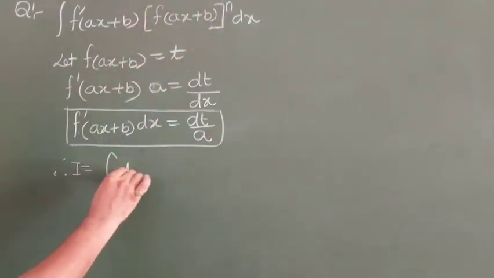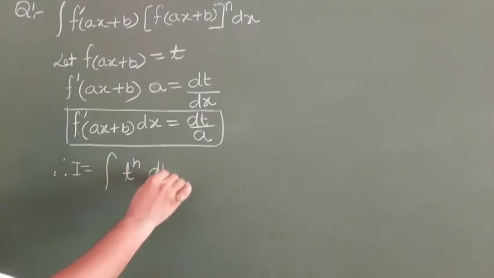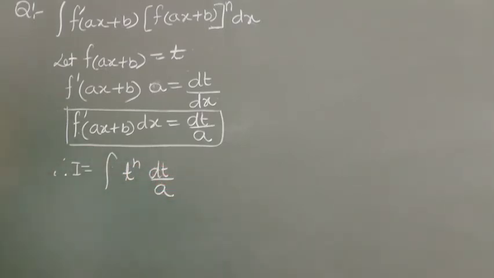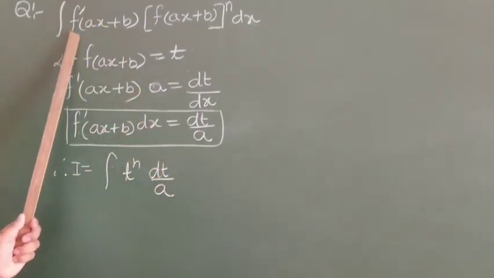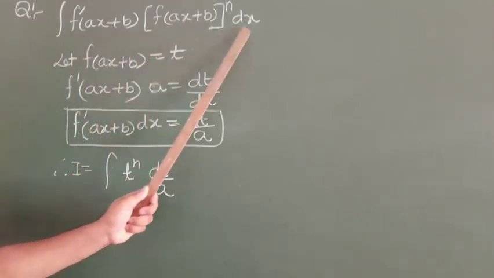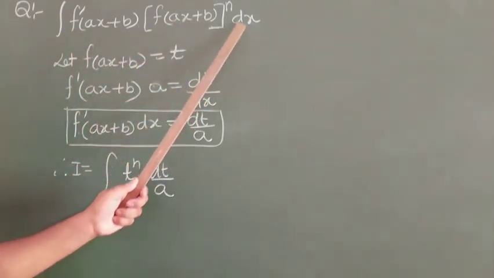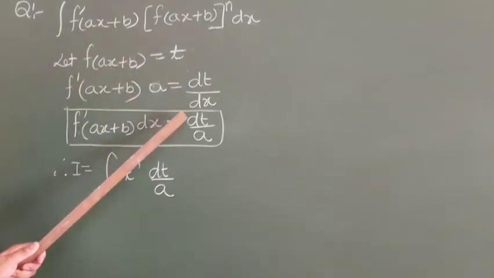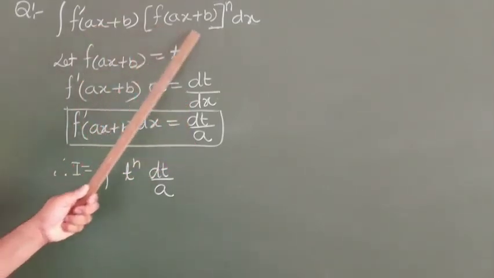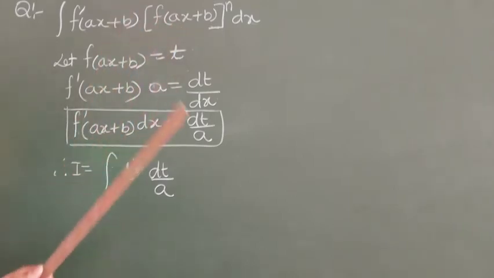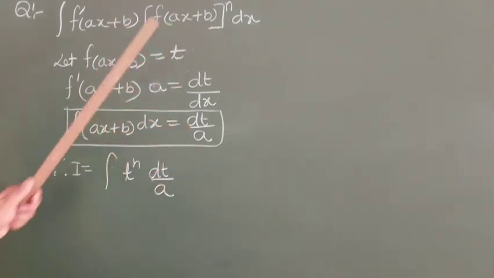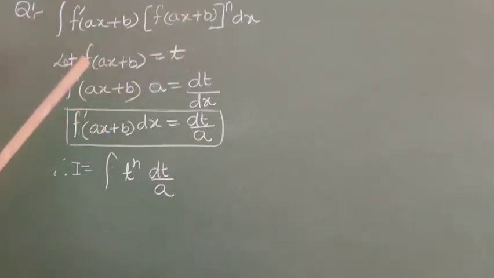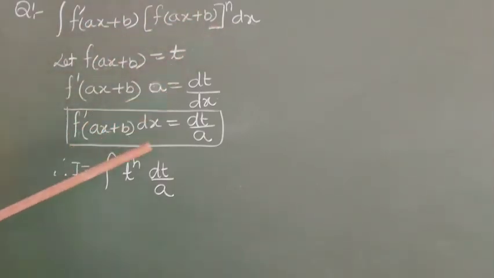So it will become t to the power n into dt by a, because this part f dash ax plus b into dx becomes dt by a, and at this place we can write t.